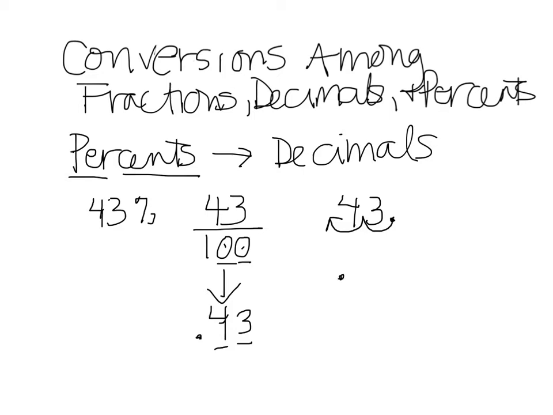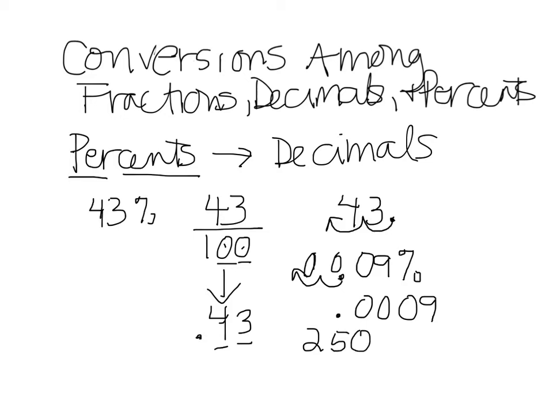So if I have something like 0.09%, as a decimal, I'm moving it over two places to the left. That makes it 0.0009, or 9/10,000ths.